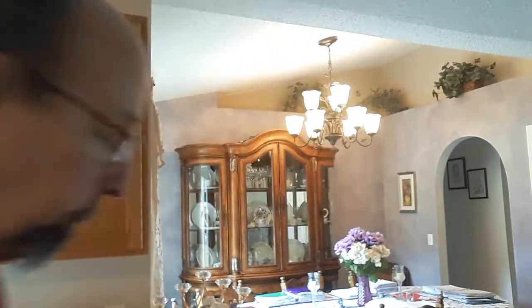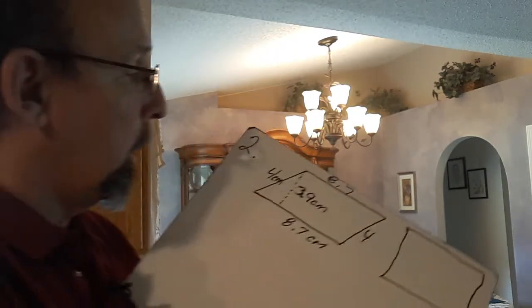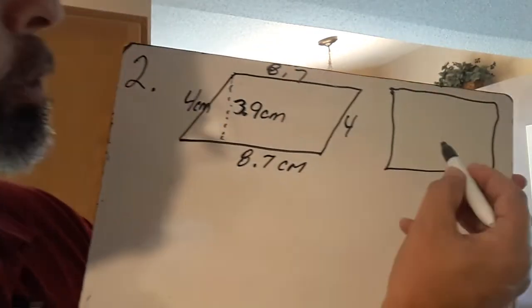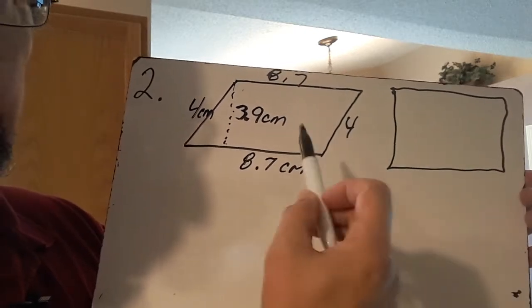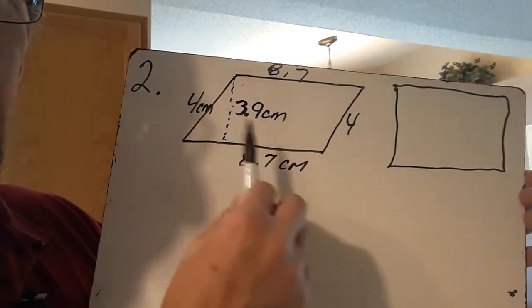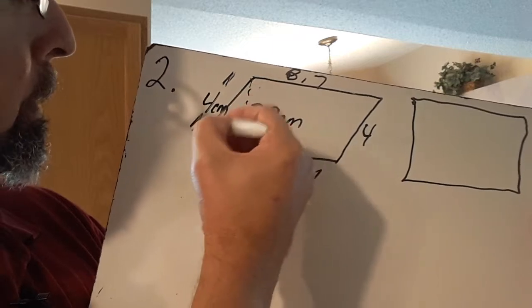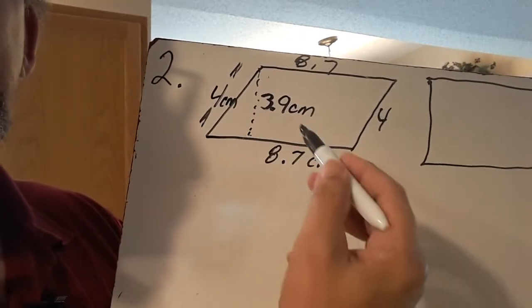All right. Next, number 2 is a parallelogram. On the parallelogram that they give you, I put this rectangle here to show you that when you start doing the perimeter, the formulas are the same. But when you're doing the area, this 4 centimeters is not part of your area formula.